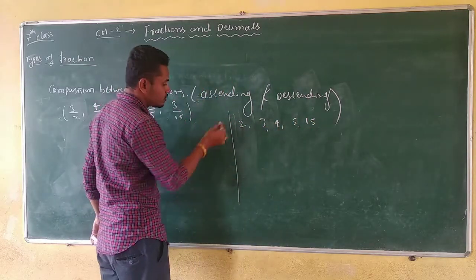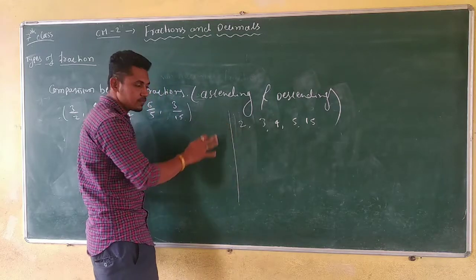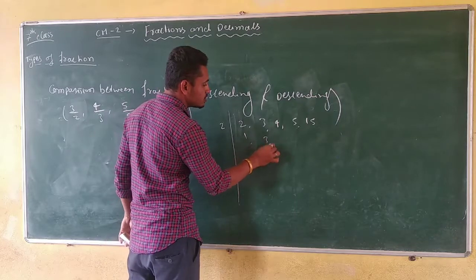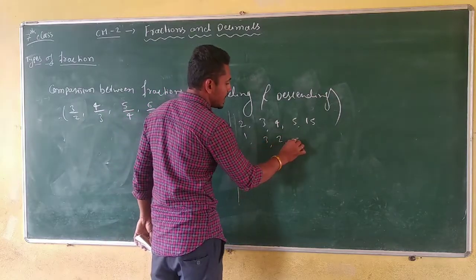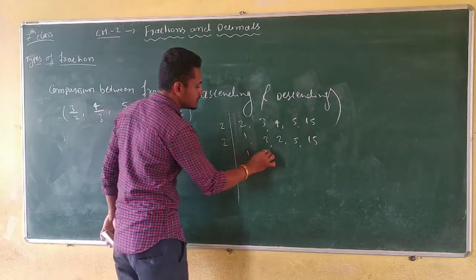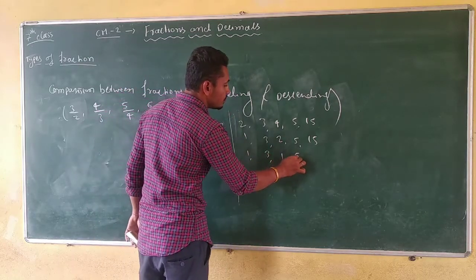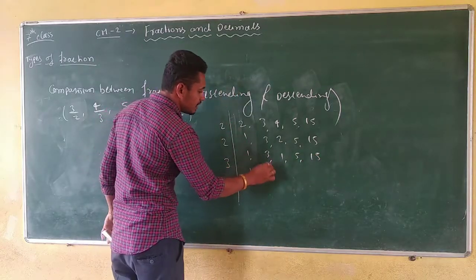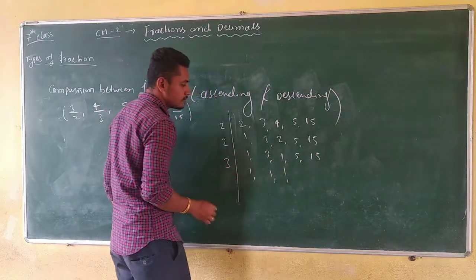So first we take the smaller numbers, starting from the smallest. 2 ones are 2, 3 write as it is, 2 2s are 4, 5 write as it is, and 15 write as it is. Next 2: 1 write as it is, 3, 2 ones are 2, 5, and 15. Next 3: 1 write as it is, 3 ones are 3, 1 write as it is.